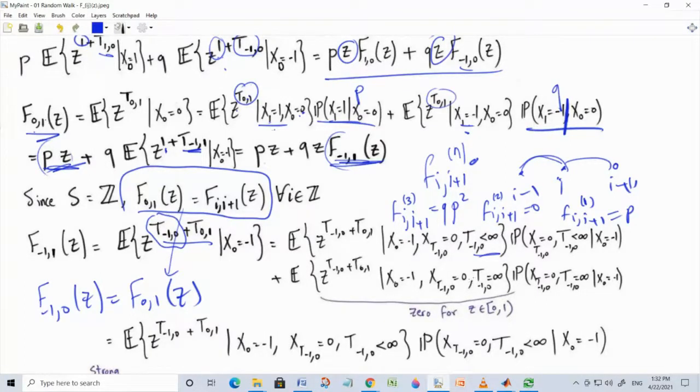Again, this thing looks like total probability. You can call what I'm doing here the law of total expectation, whatever you want to call it. I need also another term, t minus 1 0 is equal to plus infinity. Remember, first passage times are stopping times, and stopping times can be plus infinity.